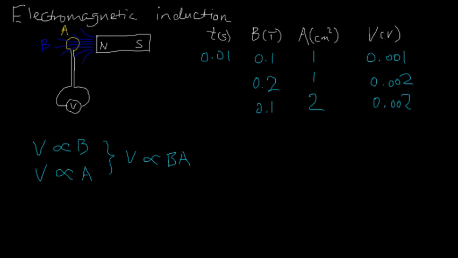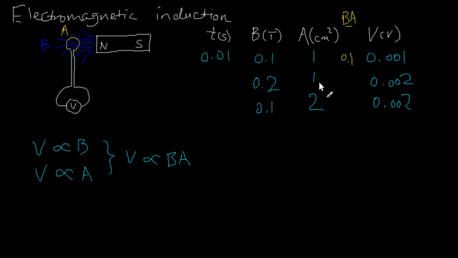Let me write out the product of B and A. So let's say I'm going to insert it here, B times A. Now B times A down here would be 0.1 times 1, which is 0.1.